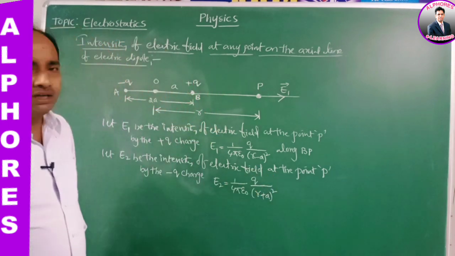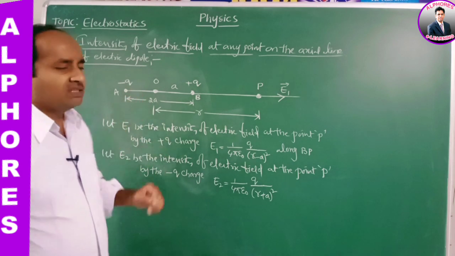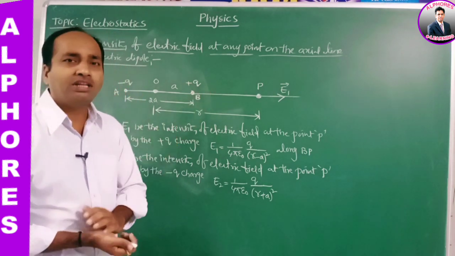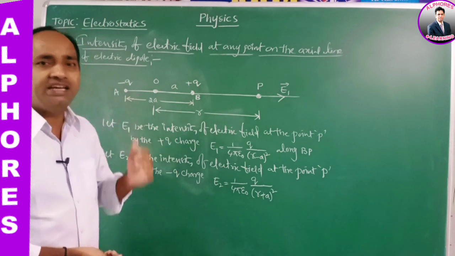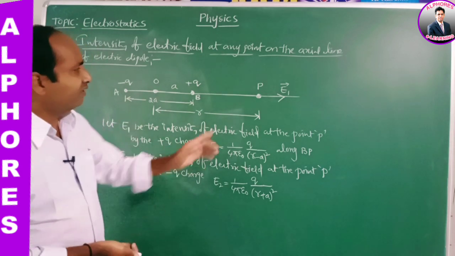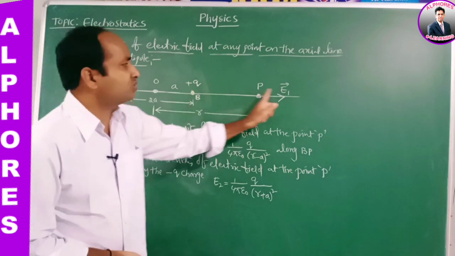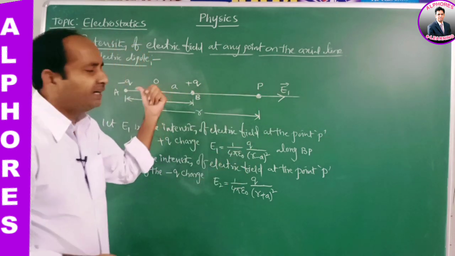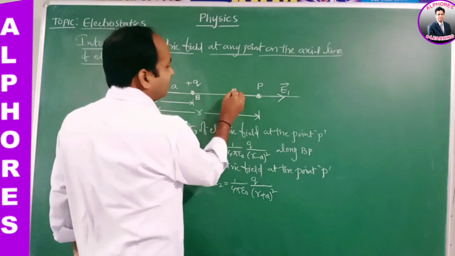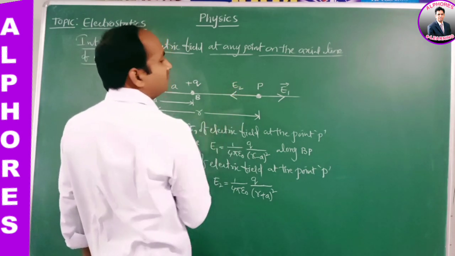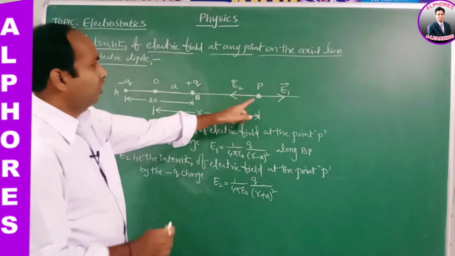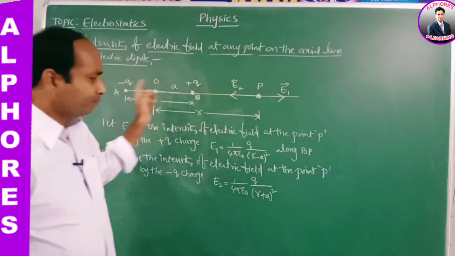The electric field intensity at any point due to the negative charge is radially inward, whereas for the positive charge it is outwards from the charge. This is the direction of E2, along PA.